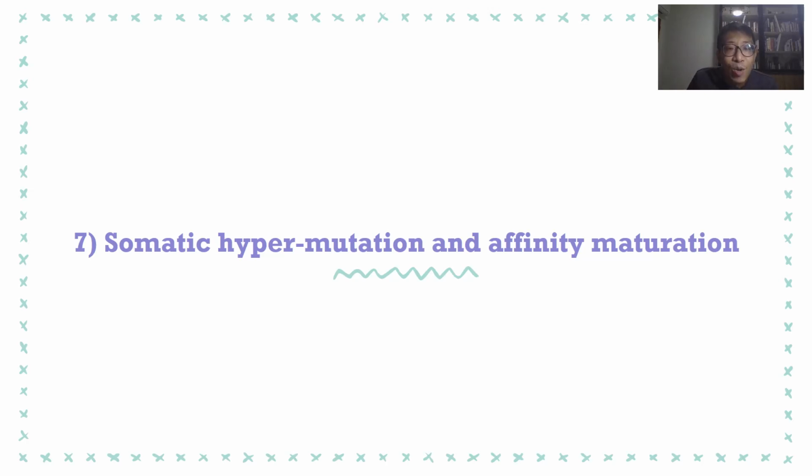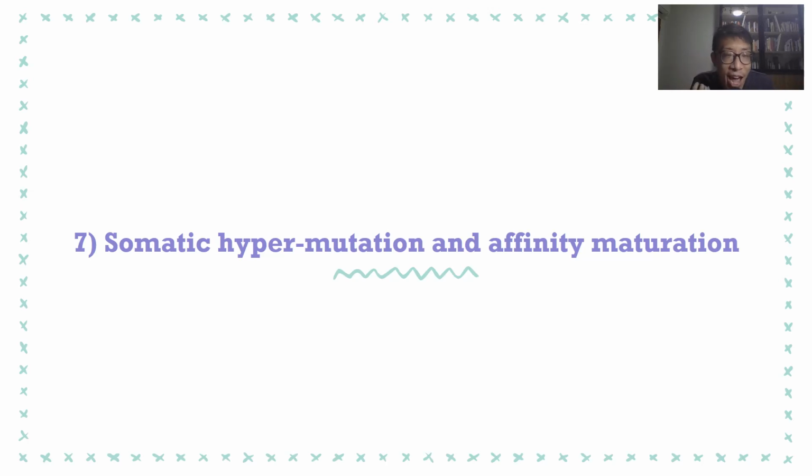We have talked about class switching, how different classes of antibodies can be produced by one B cell, triggered by cytokines from the helper T cells, right? So now we'll be looking at another process called somatic hypermutation, and that leads to affinity maturation of the antibodies.